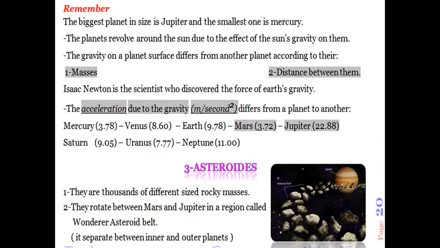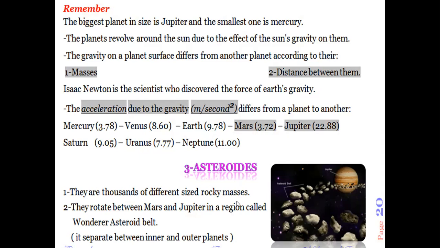Jupiter 22.88. Saturn 9.05. Uranus 7.77. This is a very easy number. Neptune, an easier one, 11 meters per second squared. That was concerning the planets and the sun.